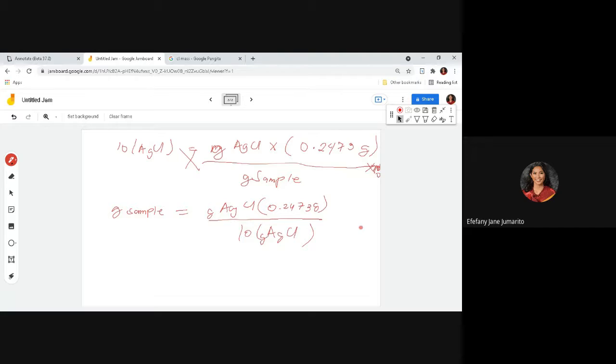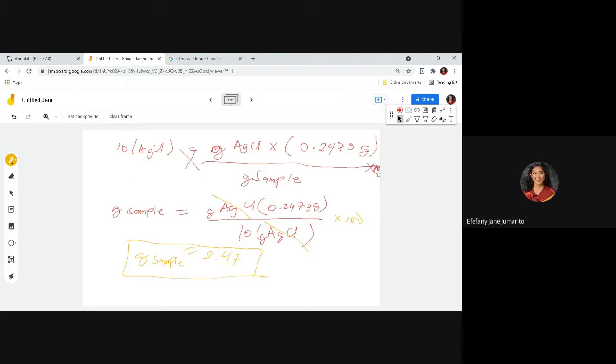Now this is in grams, so we can cancel this one, then multiply by 100. Don't forget 100. So we will be left with the gram sample. What is it? 2.47, ma'am. 2.47. Gram sample.